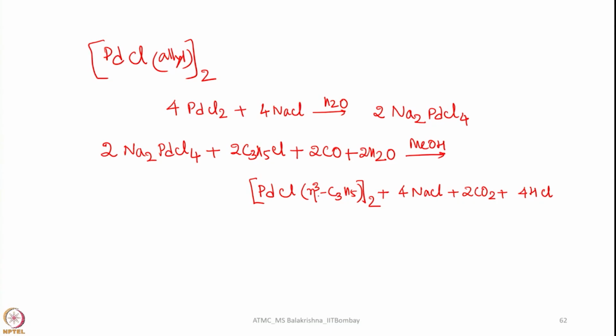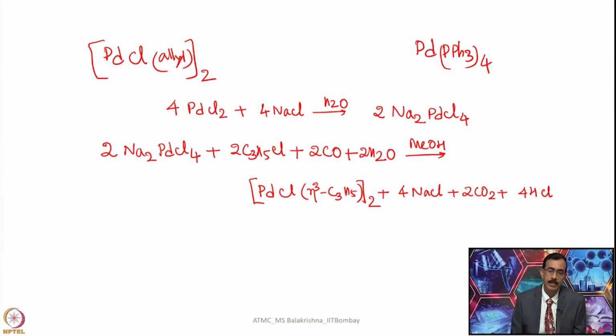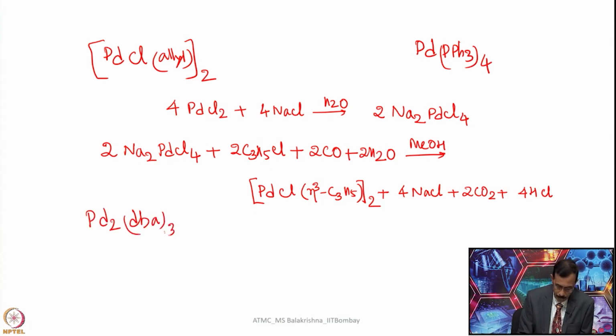It has hapticity eta 3, and another important compound is Pd2(dba)3. Of course, I showed you the other day the preparation of palladium and platinum tetrakis(triphenylphosphine), a very useful compound. After that, another important compound widely used in catalysis as a starting zero-valent palladium complex is Pd2(dba)3. So let me give you the preparation of this one.